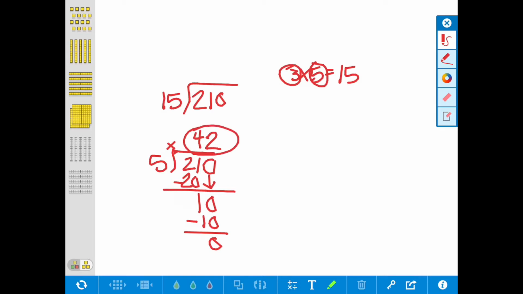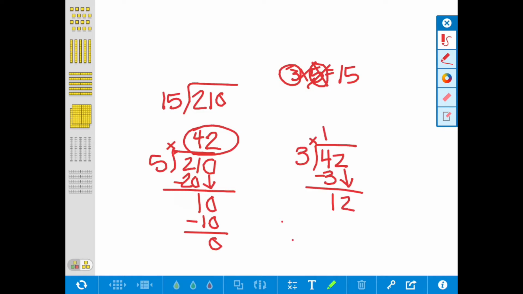Our quotient from this problem is going to become our dividend for our next problem. We've already used our 5, so the number we have left is 3. So we're going to do 42 divided by 3. 3 goes into 4 one time. 1 times 3 is 3. 4 minus 3 is 1.